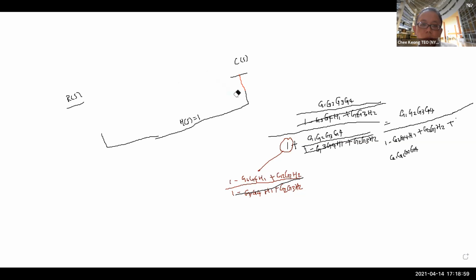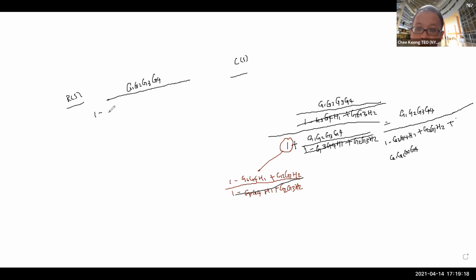What you can do is write the expression over here as G1, G2, G3, G4 over 1 minus G3, G4, H1 plus G2, G3, H2 plus G1, G2, G3, G4. And that is your final expression.